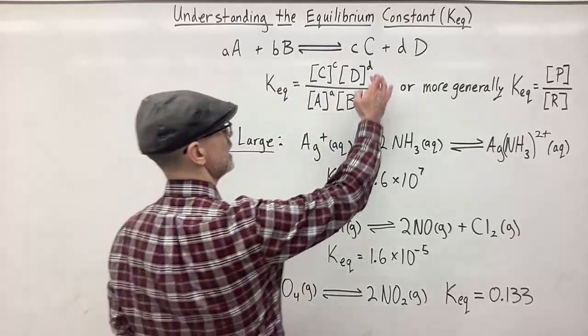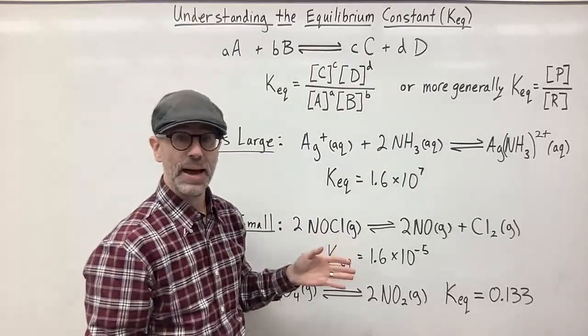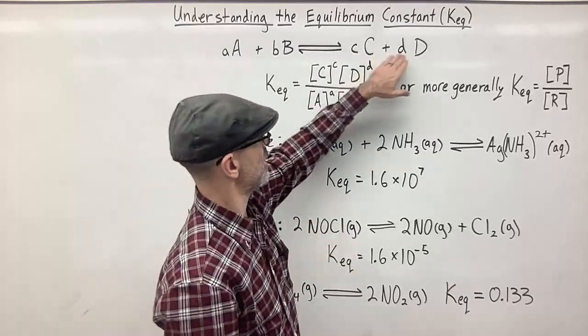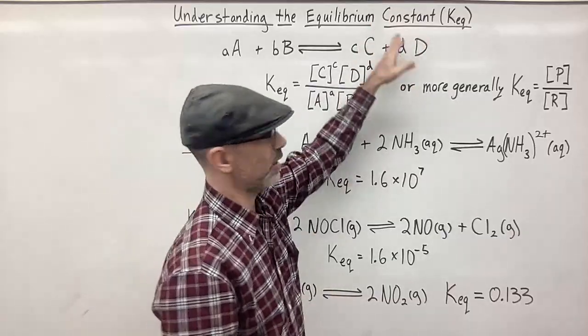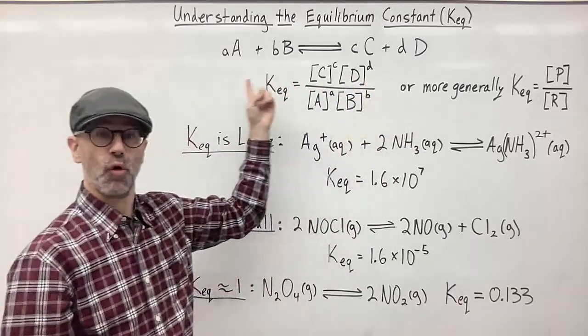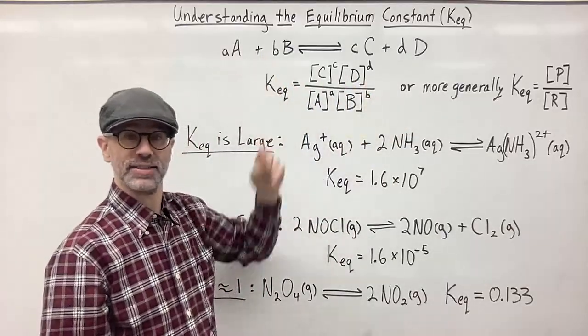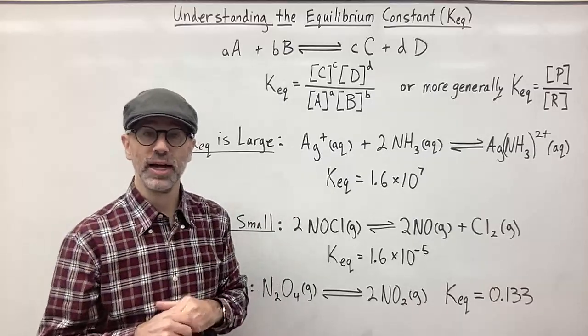And you can see that you have this bottom arrow going in the reverse direction, and that means that the C and D, once you form these products, can then combine and react and reform the reactants A and B. So there's a dynamic equilibrium going on there, right?